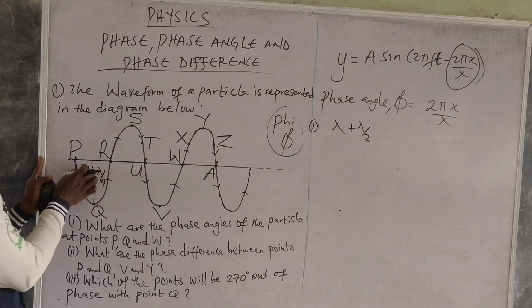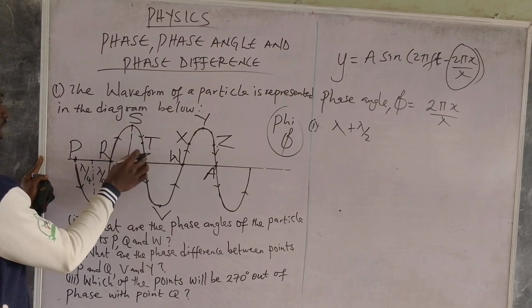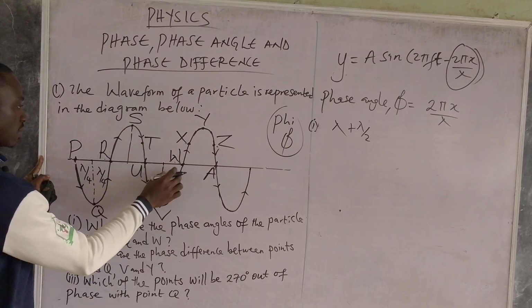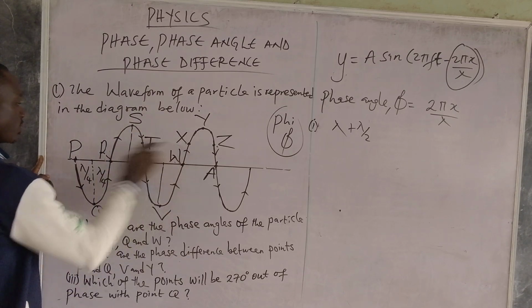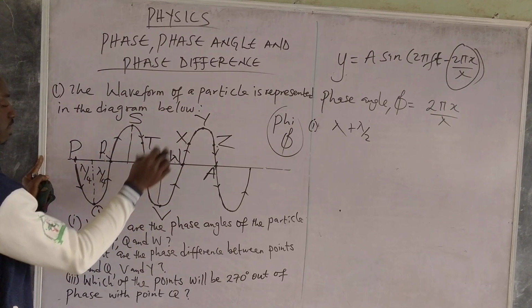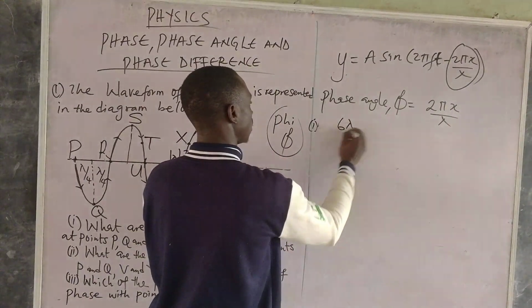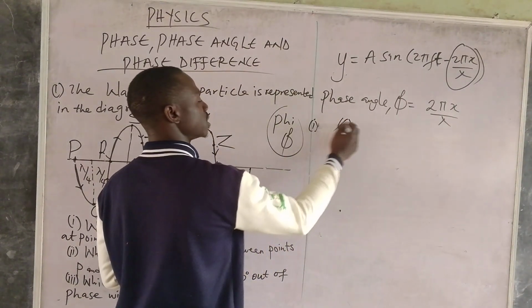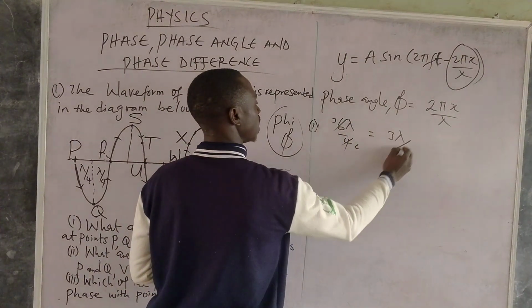Or you just say lambda over 4 plus lambda over 4. Here is also another lambda over 4, lambda over 4. So cut each of these into half. So 1, 2, 3, 4, 5, 6. That is 6 lambda over 4. And if you reduce it, that's 3 lambda over 4.